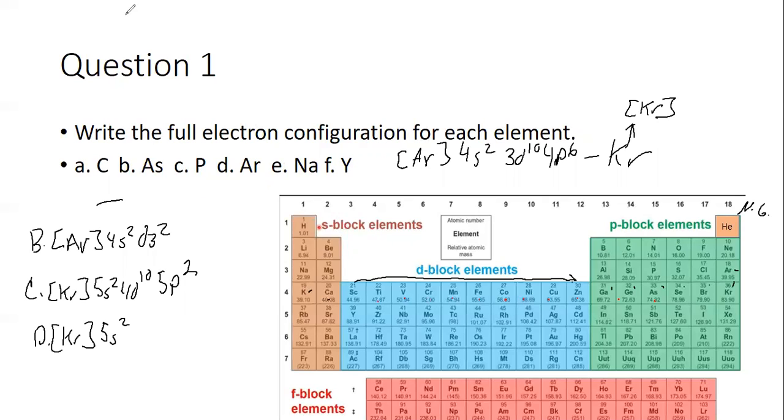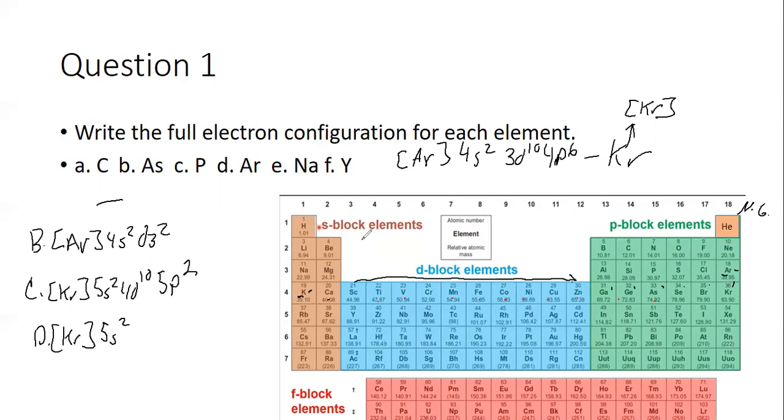Why did I pick argon? Well, if I'm talking about krypton, argon is the noble gas that is directly before krypton. You always want to pick the noble gas that is before your element. So if I was doing potassium, I would always pick argon. I would never say neon because then I just have other stuff to write.